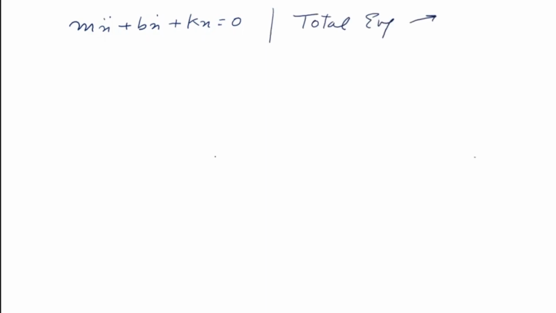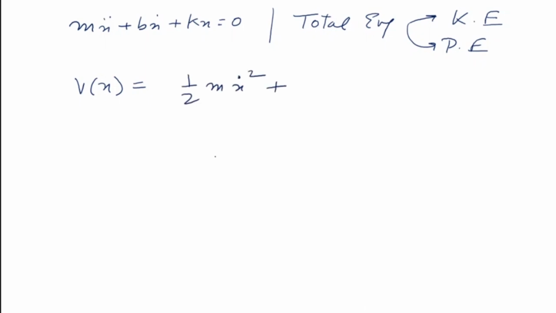Now we know that energy can be kinetic energy or potential energy. So this system, what are the different energies that it has? So if you write an energy function like this, V of x, in terms of kinetic energy, your kinetic energy is going to become half m x dot squared, that's my kinetic energy, plus the potential energy of the spring, half k x squared.